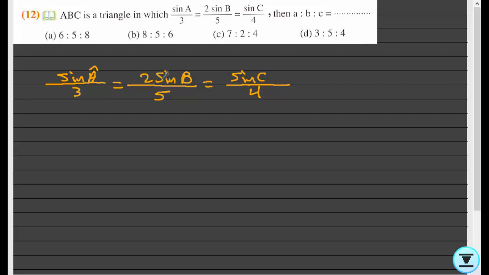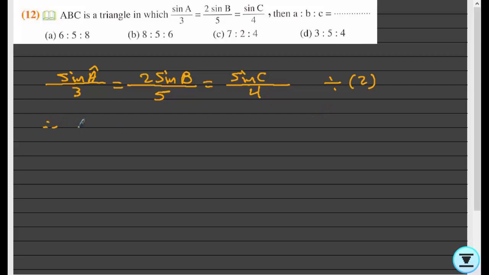Here we must make the coefficient of sine B equal 1. So dividing the whole proportion by 2, or you can say we multiply by half. It is the same result.